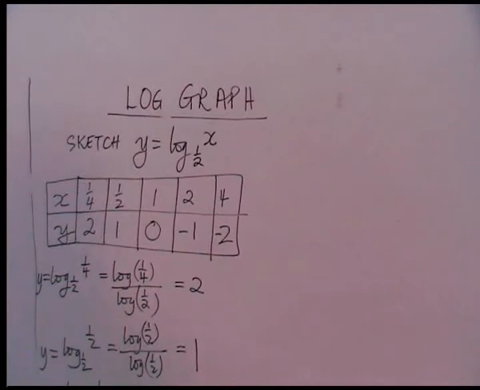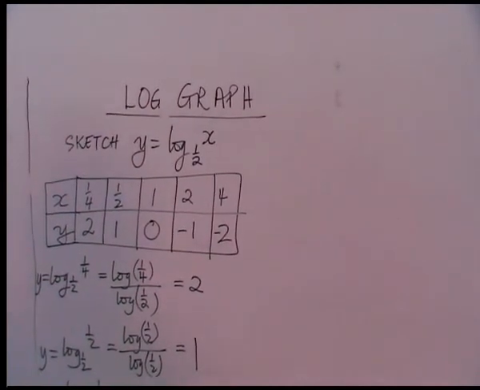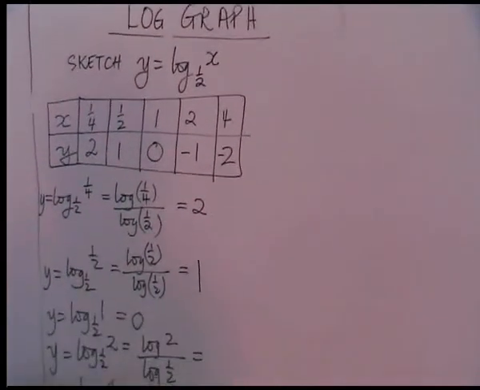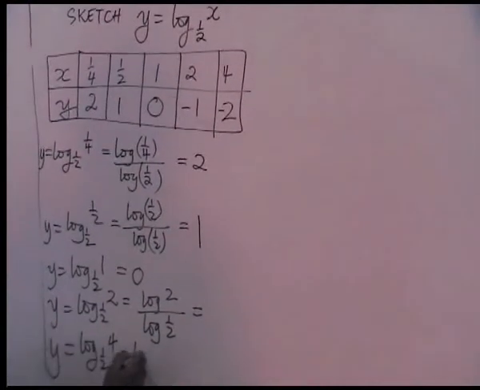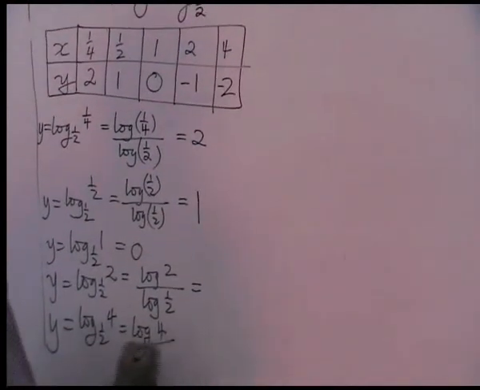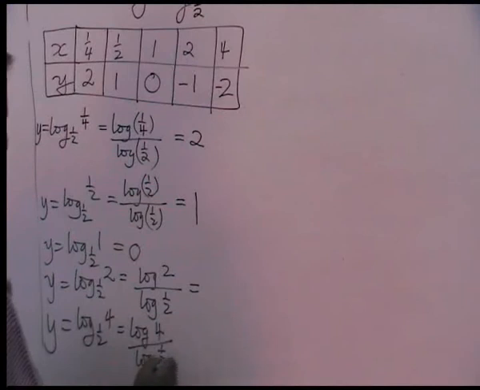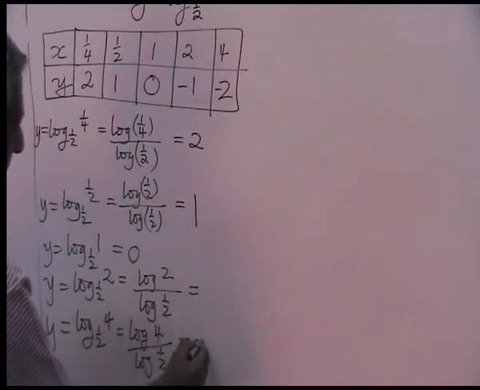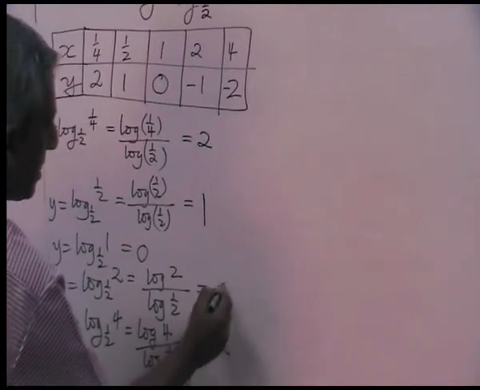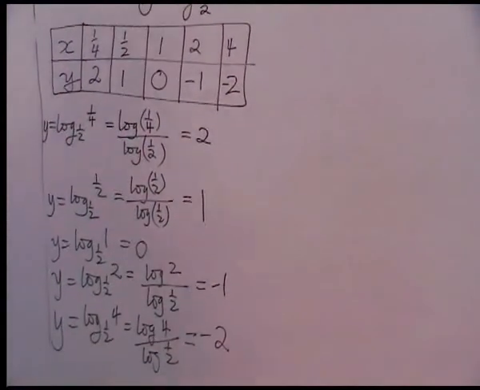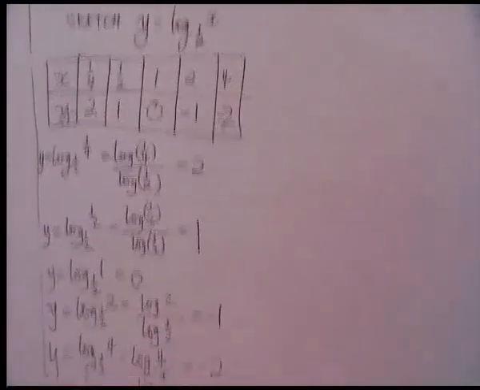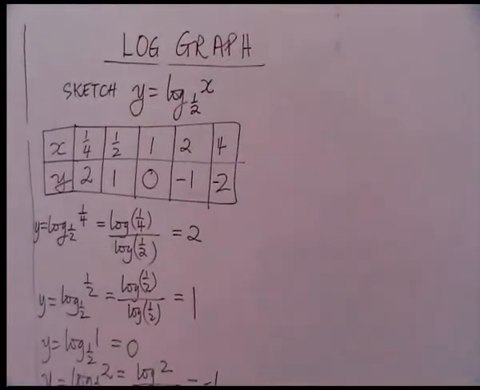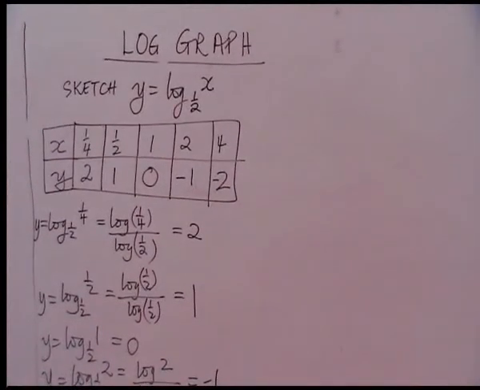Alright, I will just do the last one for you. y is equal to log of 4 to the base half, which is equal to log of 4 divided by log of half. Put that in the calculator and you will get minus 2. Okay, so that's how you build your ordered pairs, and you take those ordered pairs and plot them and you will get the log graph.